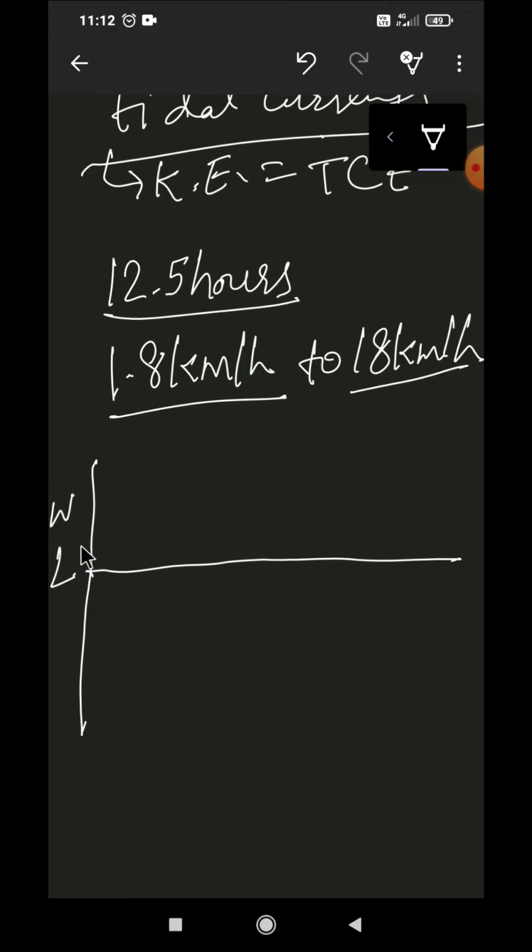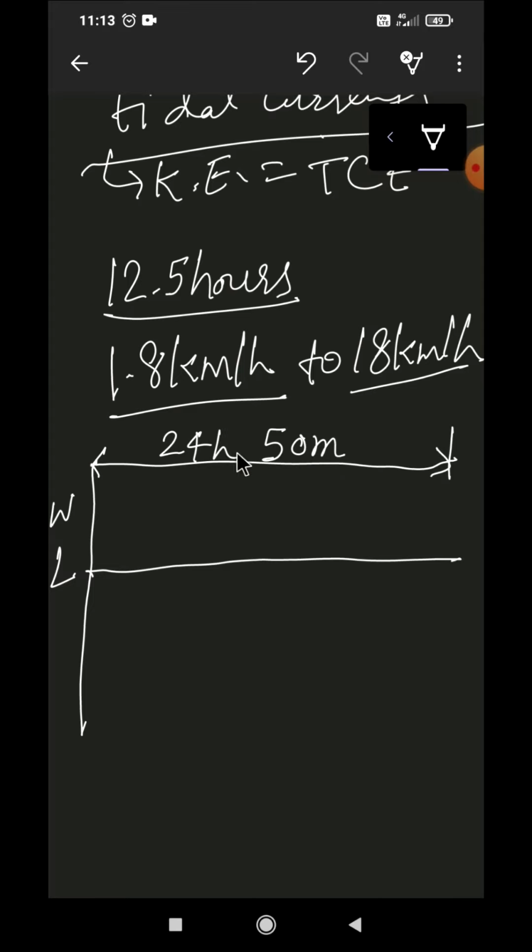This is the base we are selecting as water level, and above it there will be high tide and below it there will be low tide. On the x-axis we have the time period, a lunar day. A lunar day is 24 hours and 50 minutes.